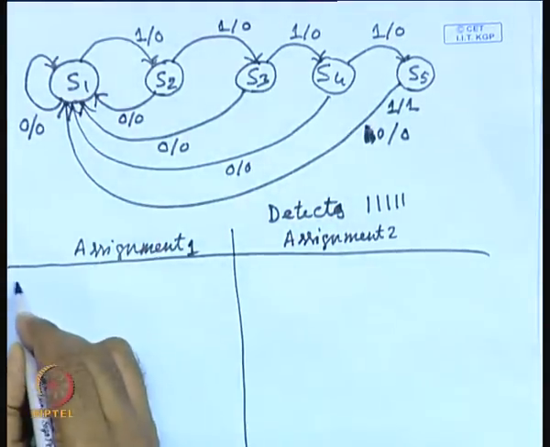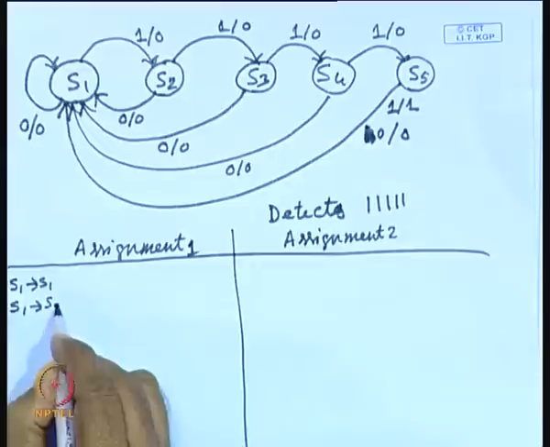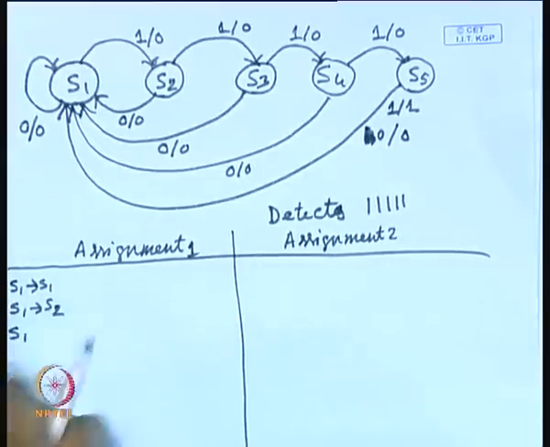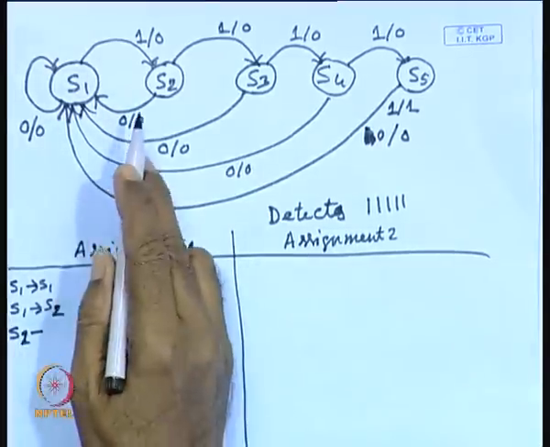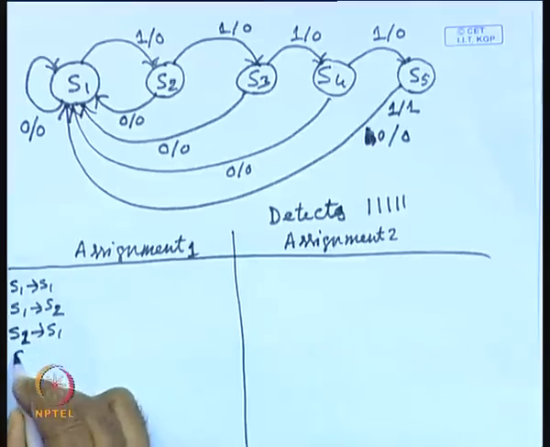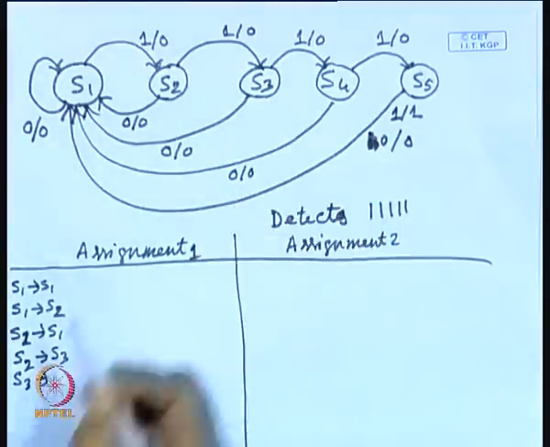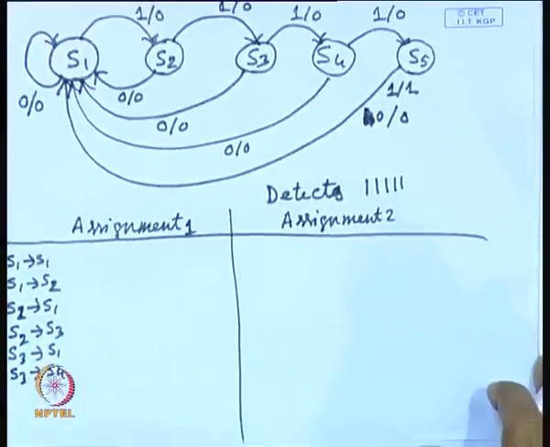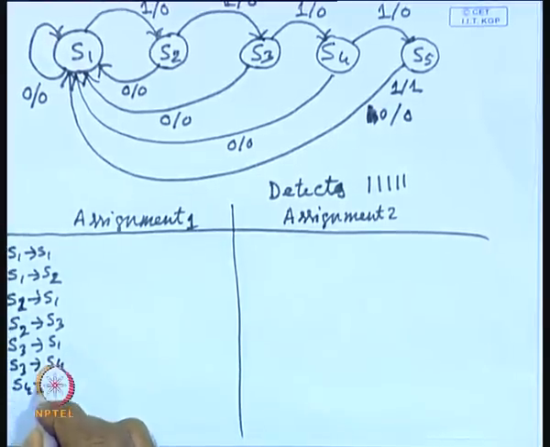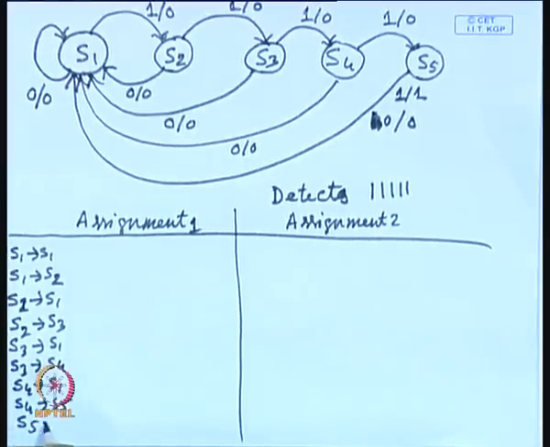So, one is S1 to S1, another is S1 to S2, then S2 can go to S1, and S2 can go to S3, then S3 can go to S1, and S3 can go to S4, and from S4 it can go to S1, or S4 can go to S5, and from S5 it always goes to S1.